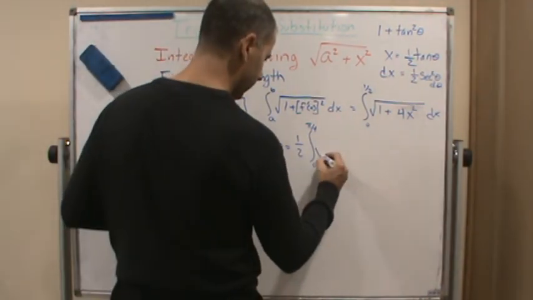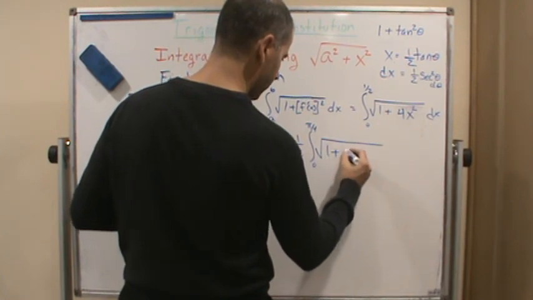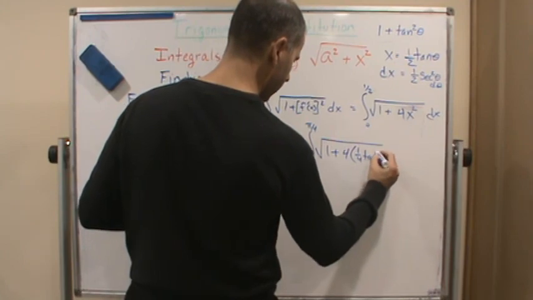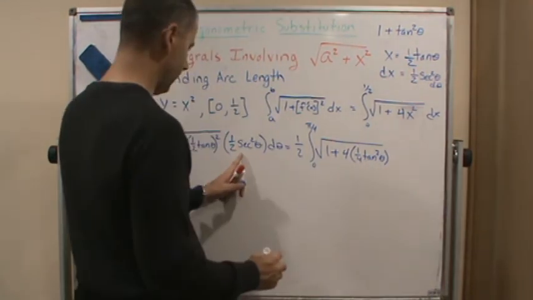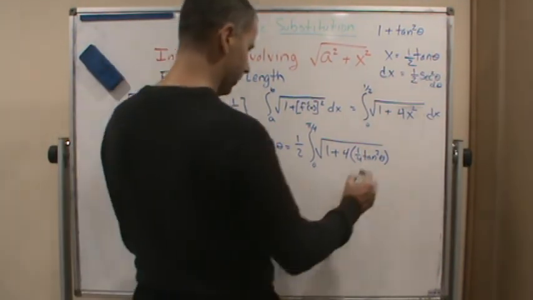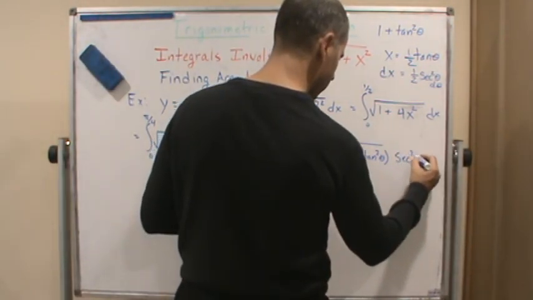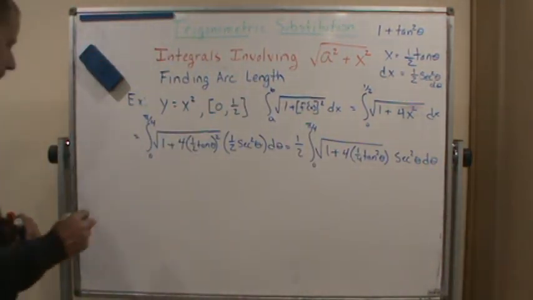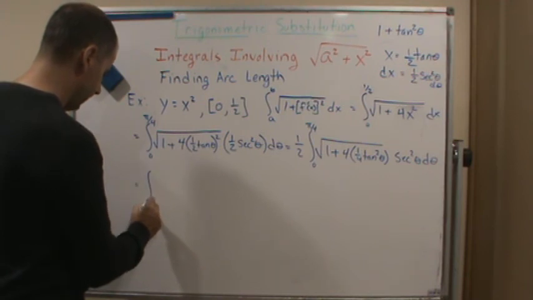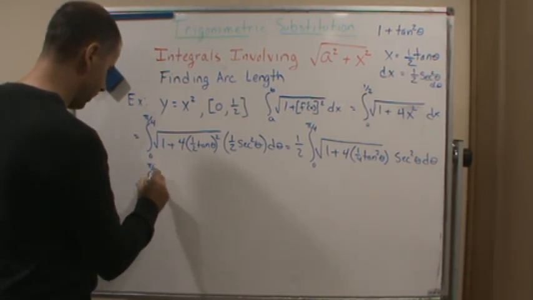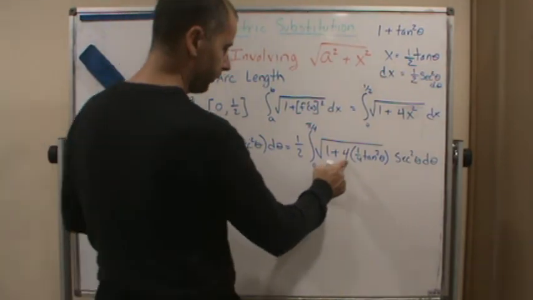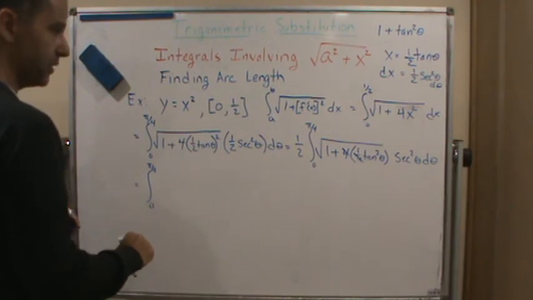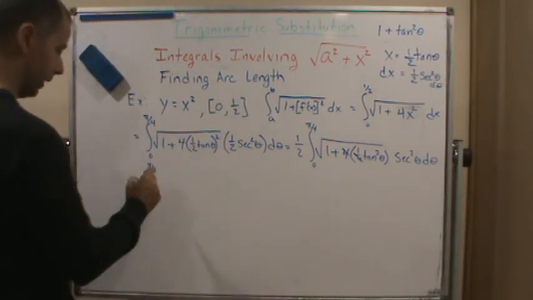So this is going to be 1 plus 4 times 1/4 tangent squared theta, and the half I pulled out, so this is just going to be secant squared theta d theta, okay? And so now we get 0 to pi over 4. Now things are going to simplify. So this cancels with this, and we get our 1 plus tangent squared theta, which is what we want.